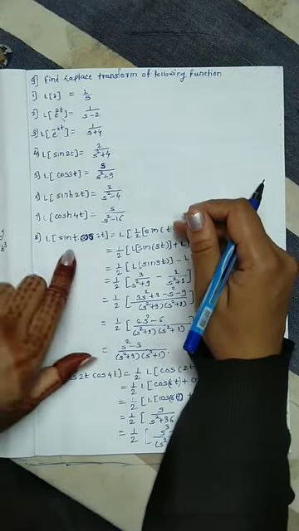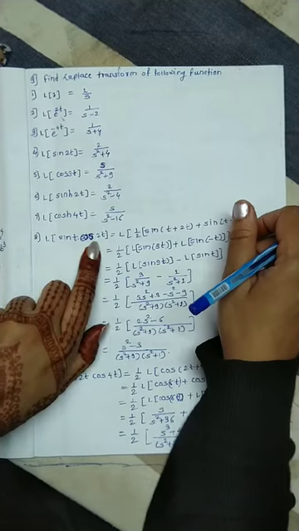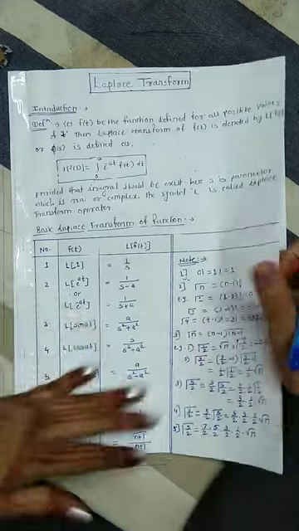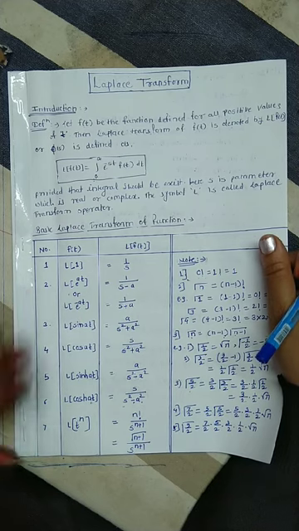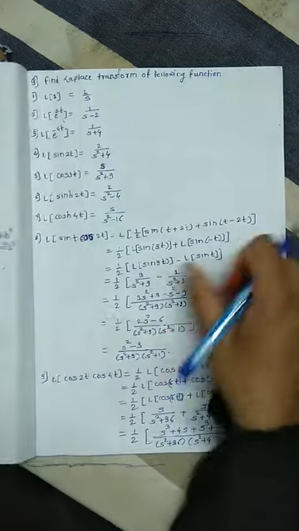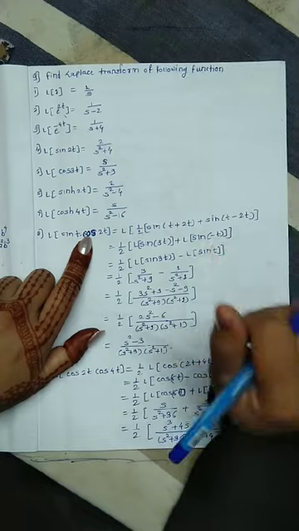Here sine into cos is there, but we don't have any sine cos formula. We have only sine or cos or sine hyperbolic or cos hyperbolic, right? That's why we have to use a basic mathematical formula here.